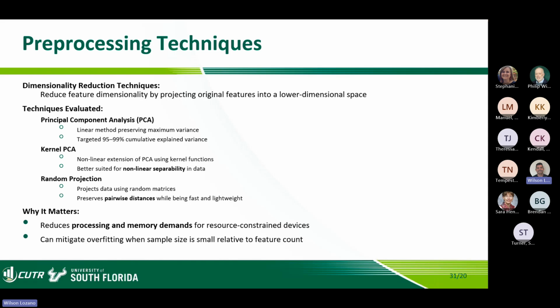So this is not always desired, but it depends. It can affect the accuracy. Why it matters? Because it reduces processing and memory demands for resource-constrained devices and can mitigate overfitting when the sample size is small relative to feature count.